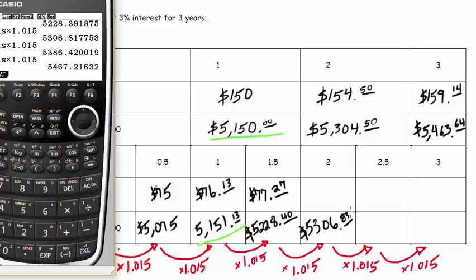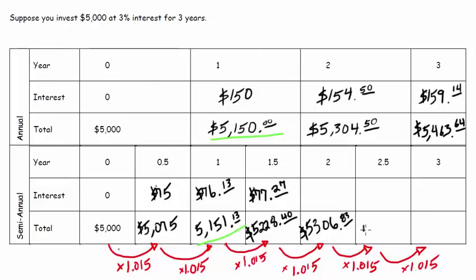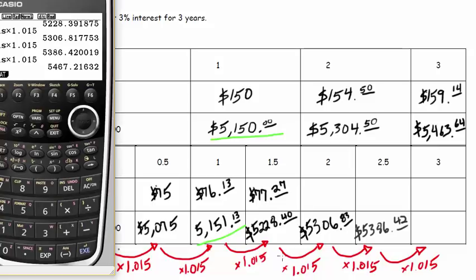Alright, so we had 5,386.42. And then we ended up with 5,467.22.